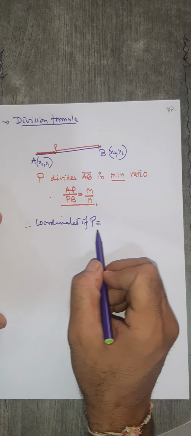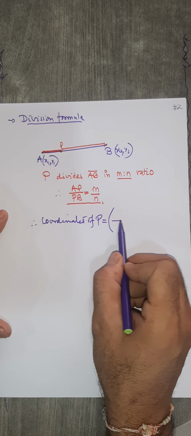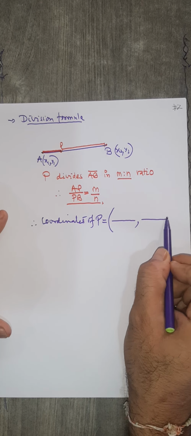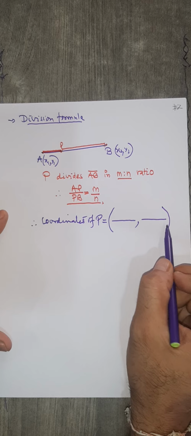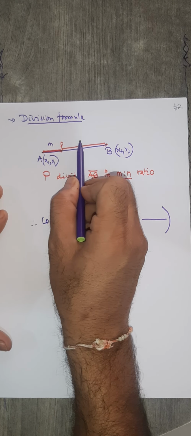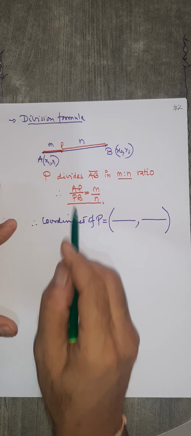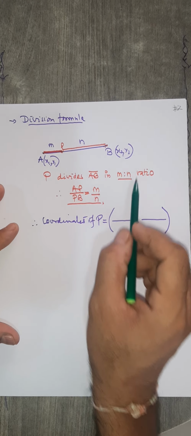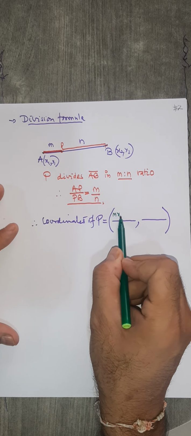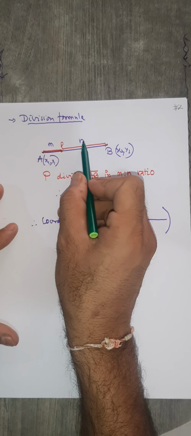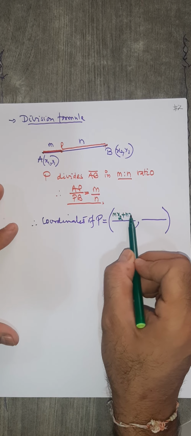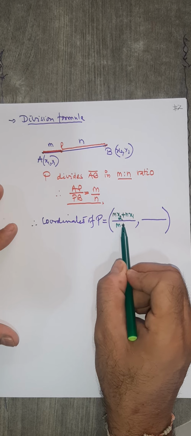Coordinates of P equals to, this is known as division formula, you know it here. I'll write it here. If you just recall, what is that? This is m unit, this is n unit. So here it is given by this mx2 plus nx1, not difficult to remember, upon m plus n.